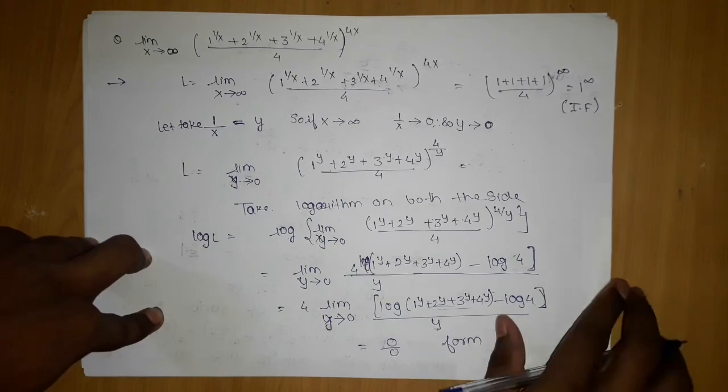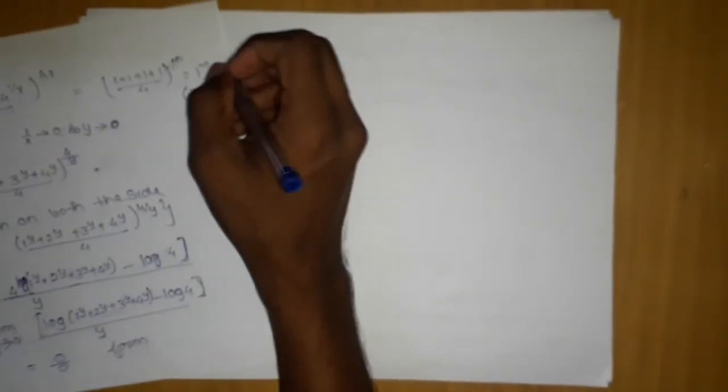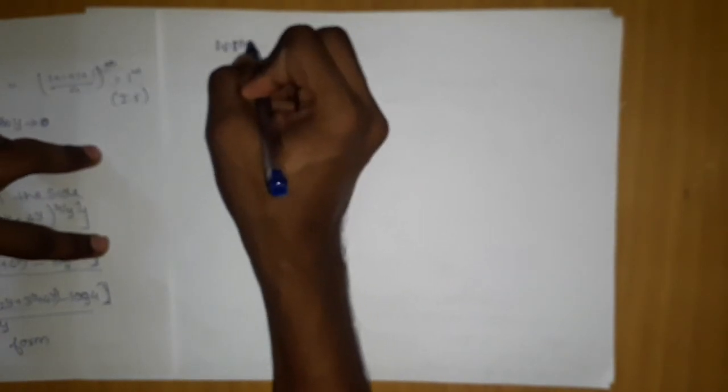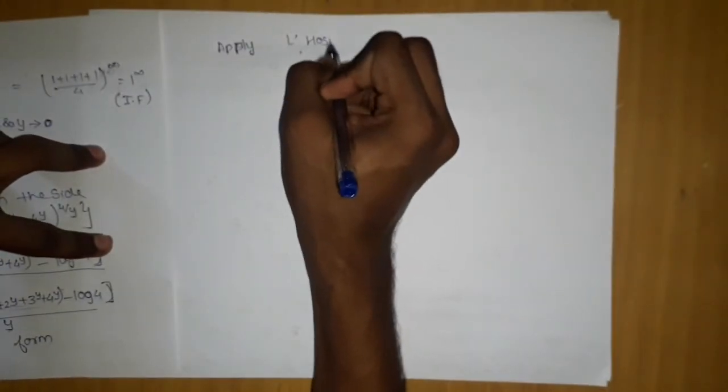So in 0 by 0 form, what we do, we apply L'Hopital's rule.